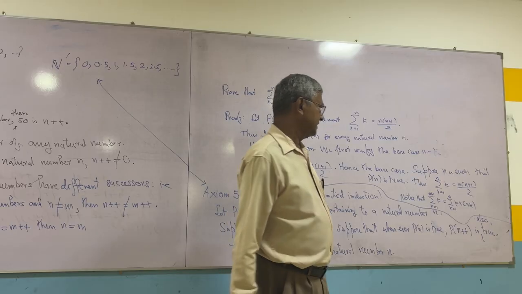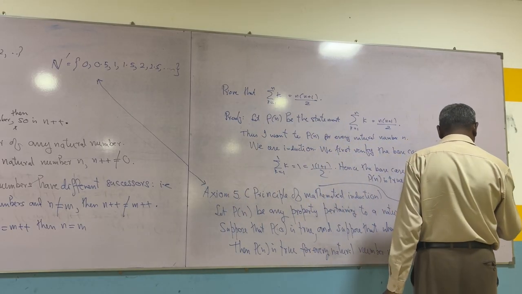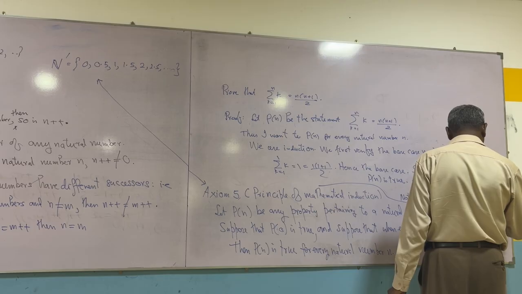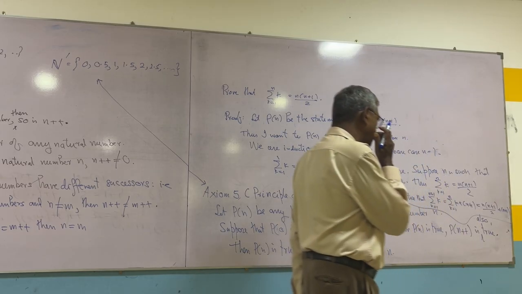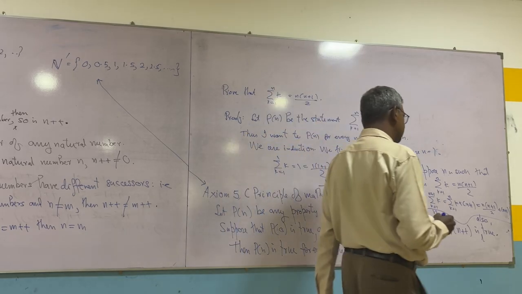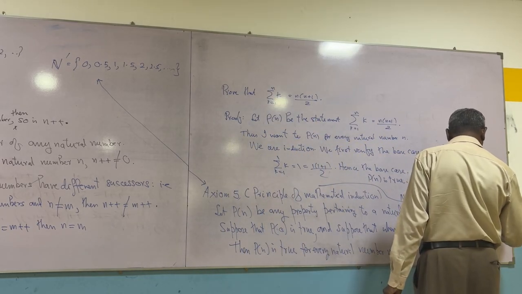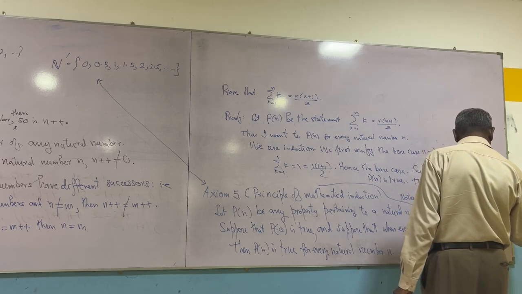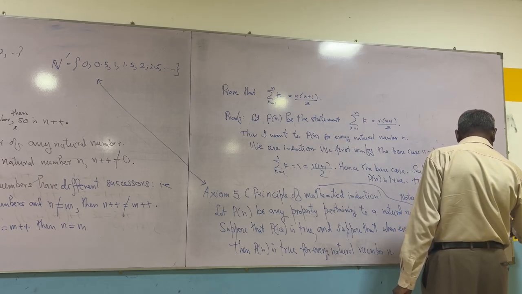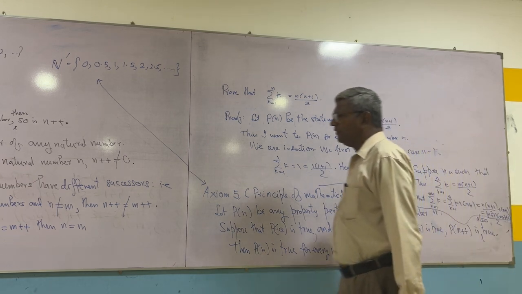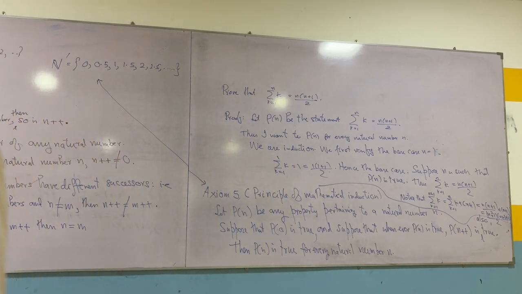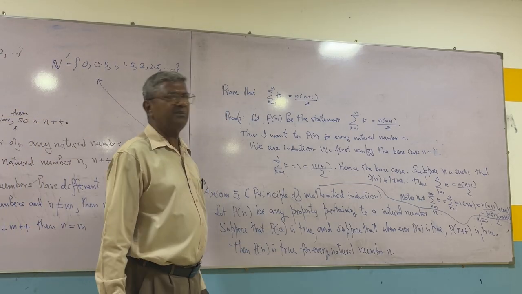Then this is n times (n plus 1) divided by 2 plus (n plus 1). So you can see this is (n plus 1) times (n plus 2) divided by 2, or else (n plus 1) times ((n plus 1) plus 1) divided by 2. Therefore, we have proved if Pn is true, then Pn plus 1 is true. Hence, by the principle of mathematical induction, Pn is true for every natural number n.